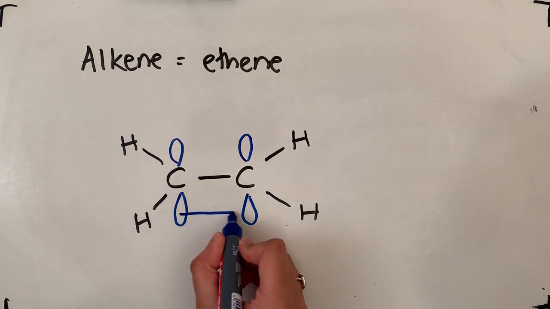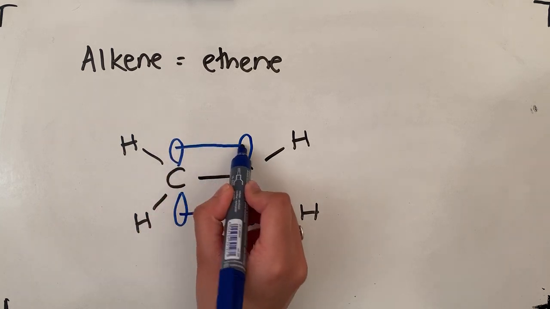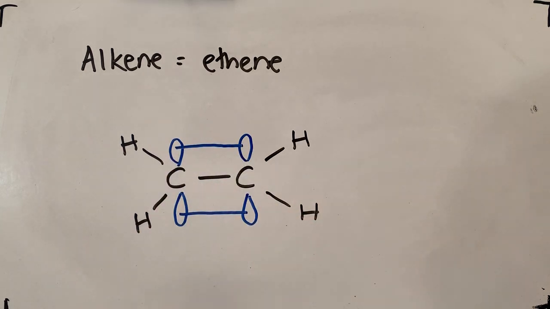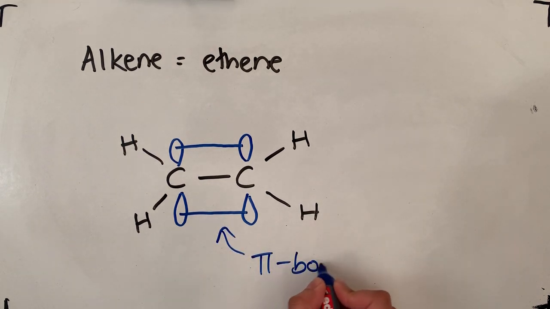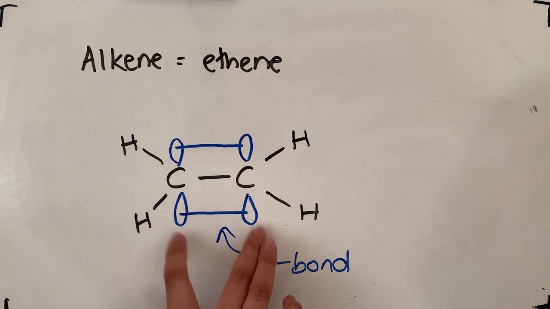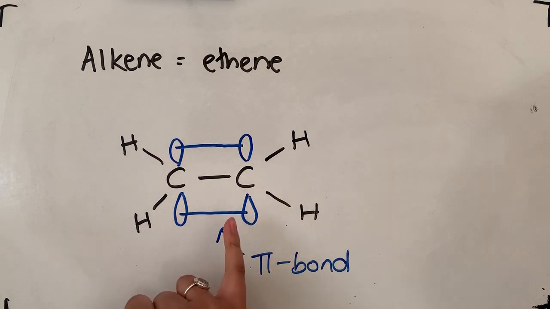Those p orbitals then overlap like that, and that's going to form a pi bond above and below the plane of the atoms. In this pi bond we have 2 electrons between these 2 carbon atoms.